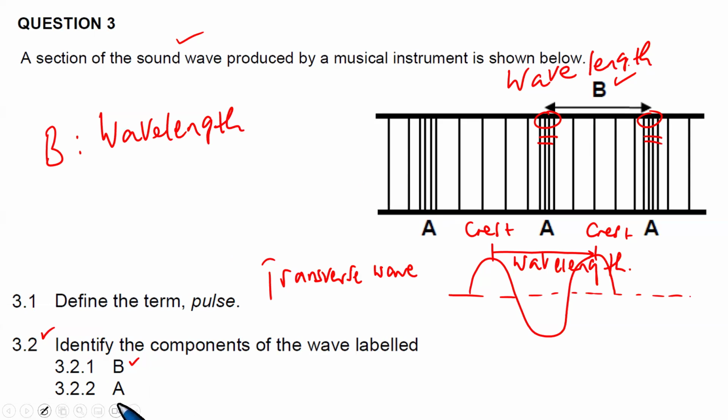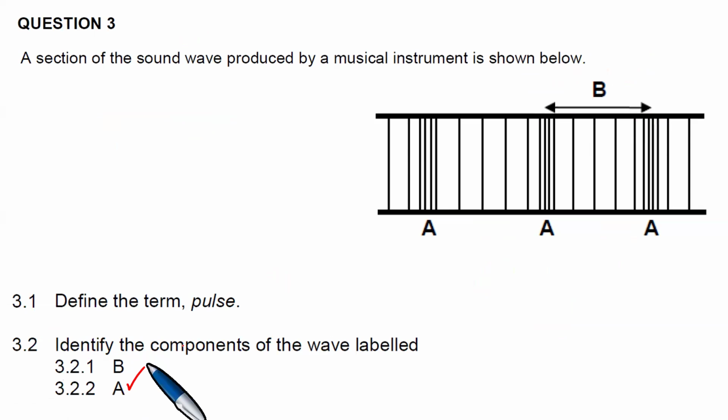Let's look at the next thing. What is A called? Here is A. You can see this A is below uniform spacing, and these are closer to each other.